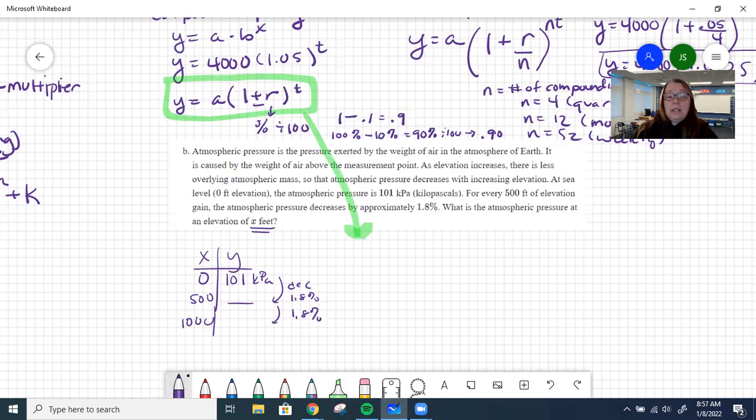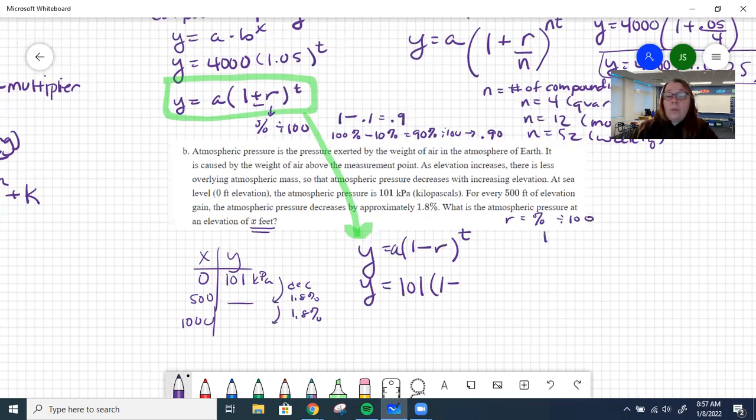Okay, so I'm going to use that idea here. Because it's decreasing by 1.8%, I'm going to use the idea of A times 1 minus R to the T power. So I'm starting at 101 kilopascals, and it's decreasing by 1.8%. So my R value is when I take my percent and divide by 100.